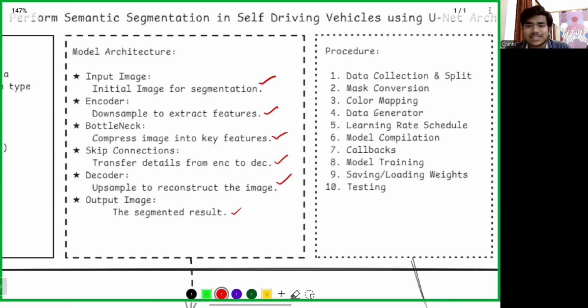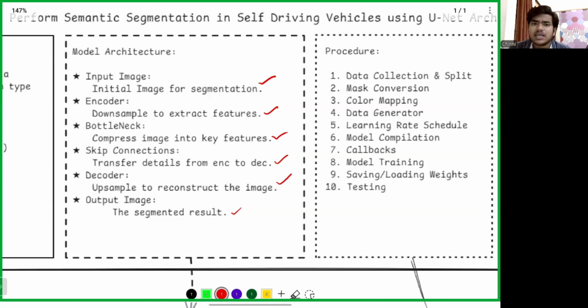Encoders are used to extract the features and downsample the input image. The bottleneck compresses the image into main features, and it acts as a bridge between the encoders and decoders. Now, when it comes to decoders, the image is downsampled through the encoder side, so it is reconstructed and upsampled through the decoders.